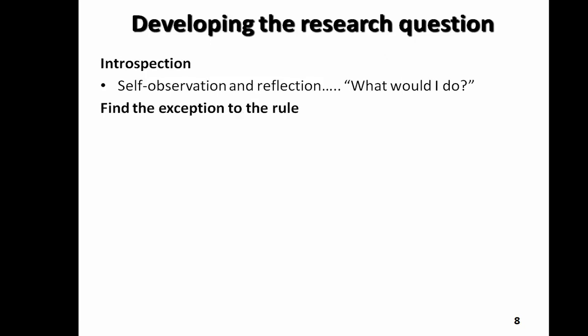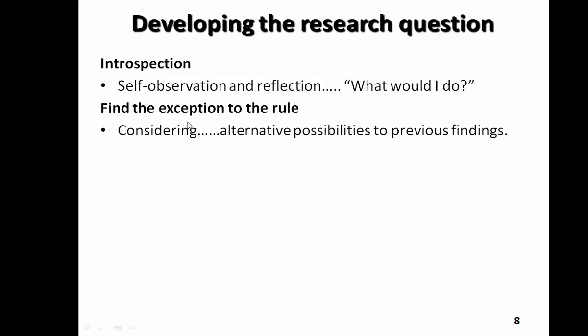A very important aspect of conducting quality research is finding exceptions to the rule. And this is considering alternative possibilities to previous findings, or alternative possibilities, more importantly, to widely held assumptions.